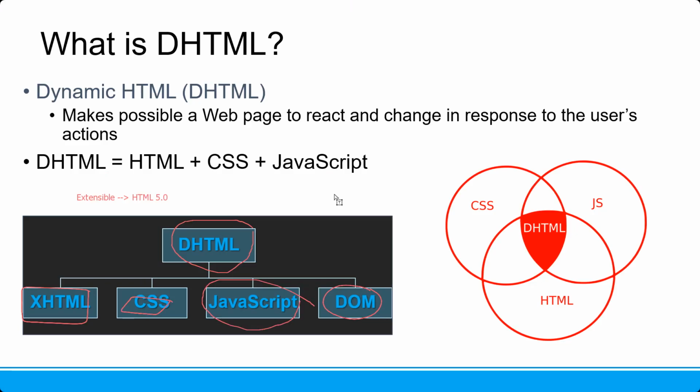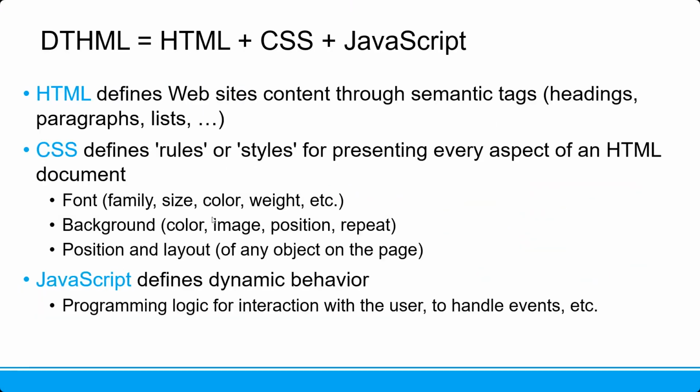DOM, we call it, is the Document Object Model. So HTML, as you know, defines the website content through semantic text. Semantic text means we know about headings, paragraphs, lists, and so on.